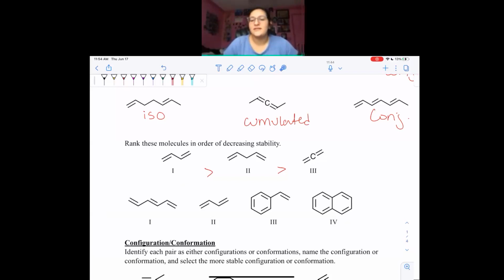Someone is saying confirmation, someone is saying configuration, because that's what it says right here. I like your thinking. Some people are saying which one has the most resonance. Exactly. And just by looking at this and not actually doing resonance, how do we know which one has more resonance?